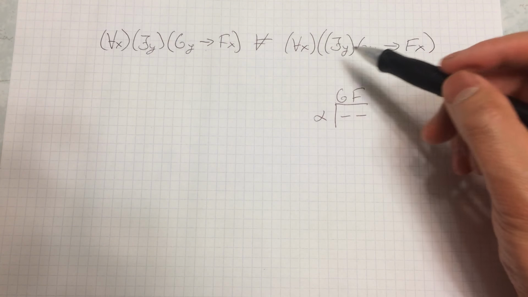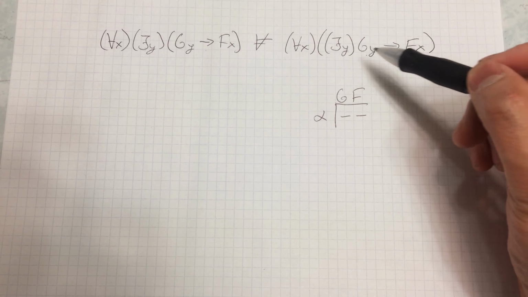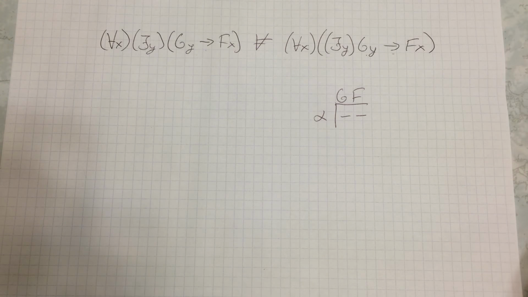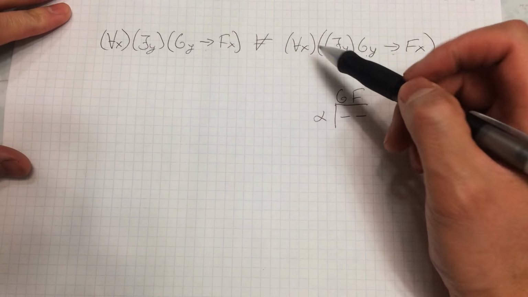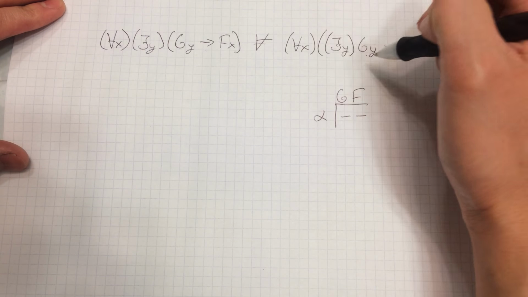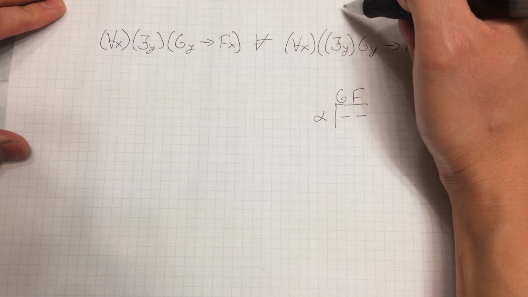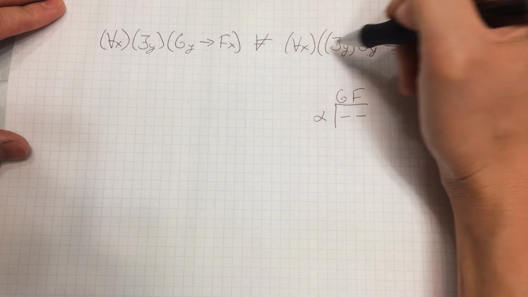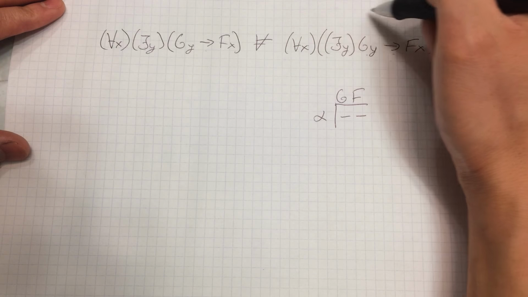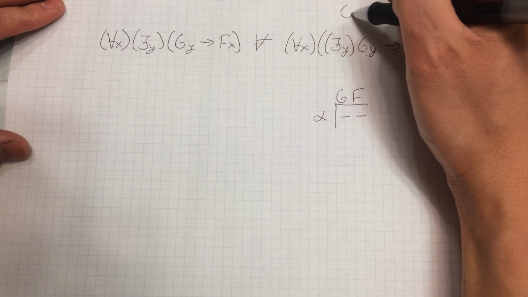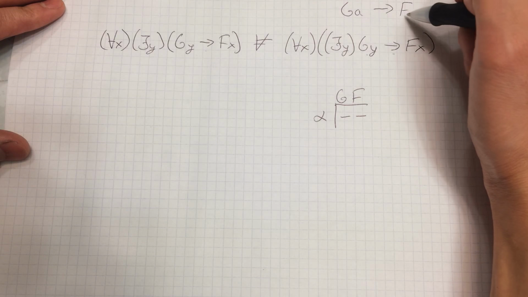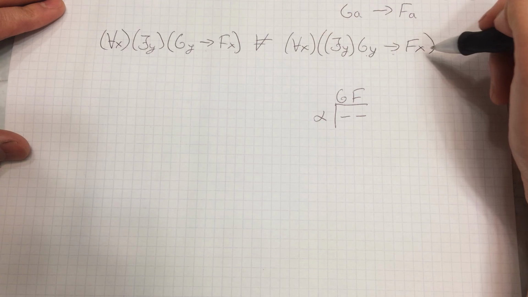If this object has neither quality, then our conclusion is true, and so is our premise, right? So here we understand the conclusion as this, since there's only one object: for all x, if something is G, then x is F. So since there's only one object, if a is G, then a is F, is how we understand this sentence.